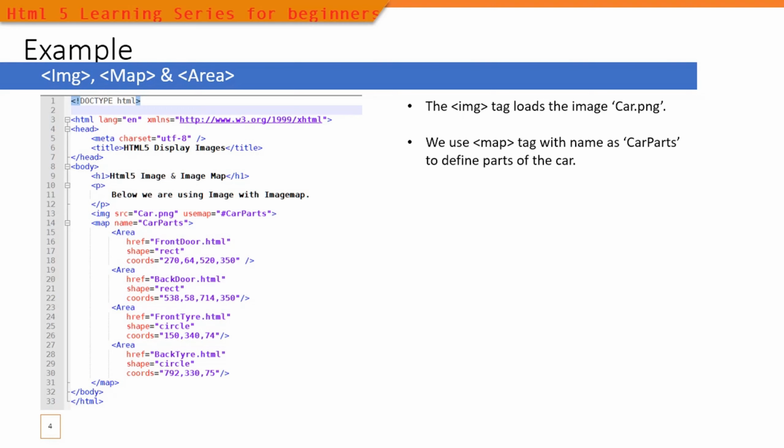So using this map we will mark a different portion of the image. So you can see at line number 14 we open a map tag and name is carparts. At line number 31 we are closing the map tag, and if you look in between this open and closing map tag, we defined multiple area tags. So there are 4 area tags here inside the map tag.